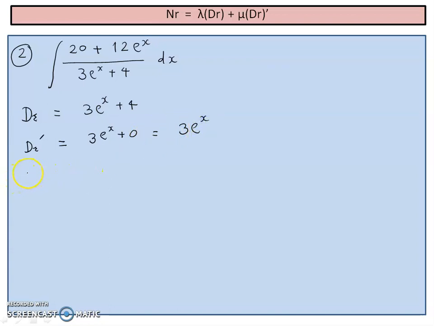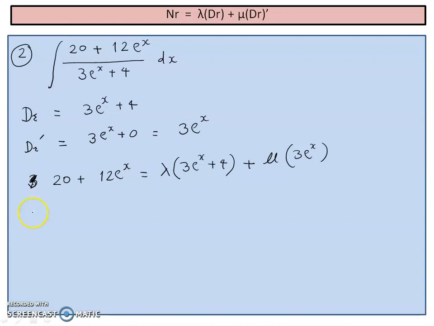Now I write down using this. समझ गए? Numerator is what? 20 + 12e^x will be lambda times the denominator (3e^x + 4) plus mu times the derivative of the denominator, 3e^x.